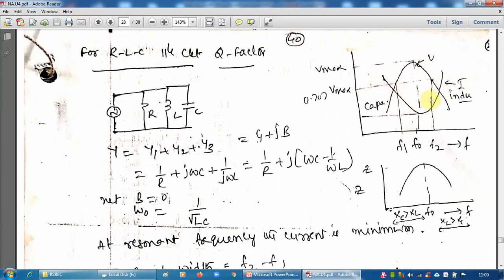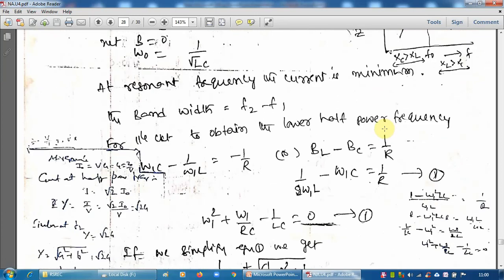Same F1 and F2 we get. This is the upper half power frequency and this is the lower half power frequency, and the difference between F2 and F1, that is F2 minus F1, is known as bandwidth. The bandwidth is defined like this for the parallel circuit.